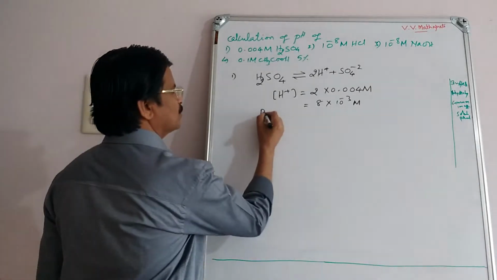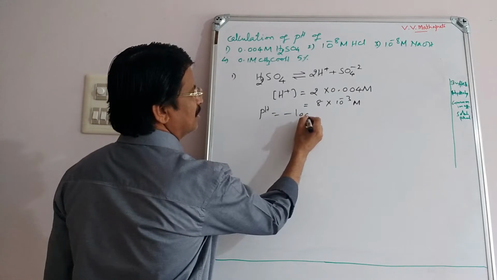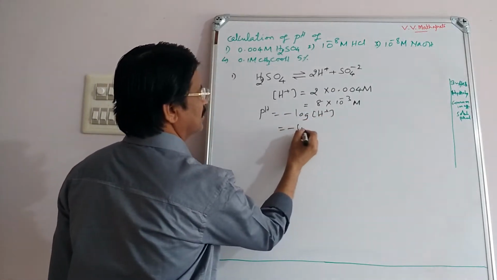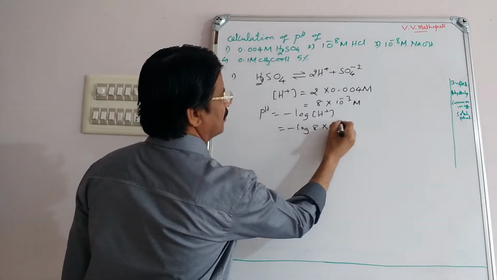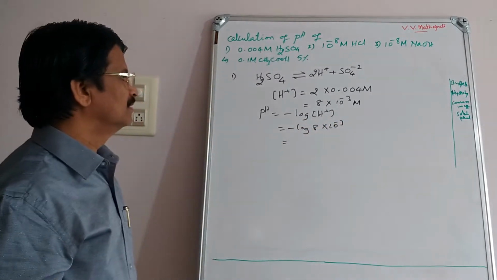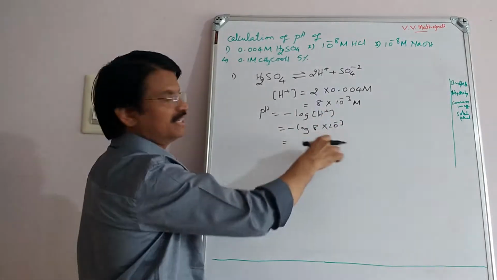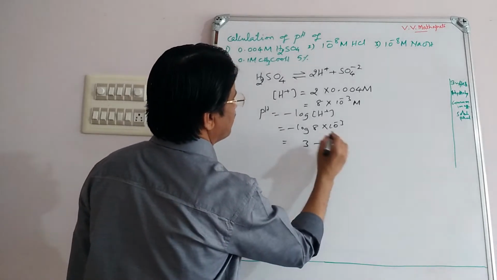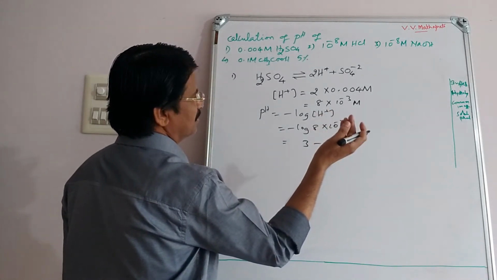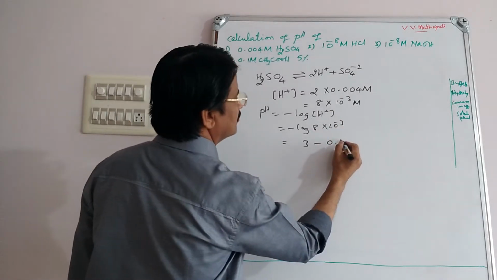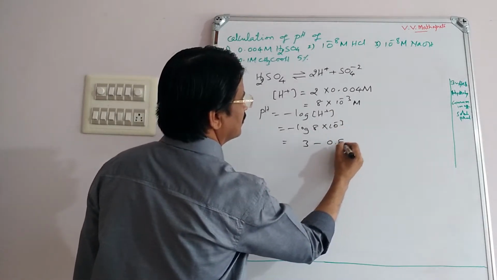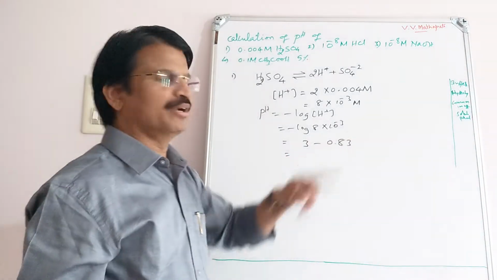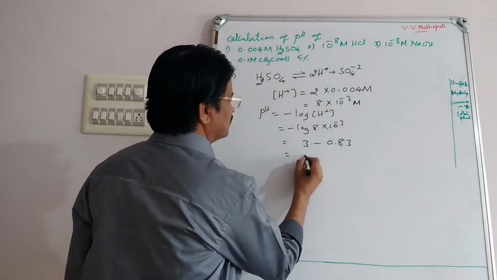Then find the pH value by using the formula pH equals minus log H plus, which is minus log 8 into 10 to the power minus 3. On simplification we get 3 minus log 8, let it be 0.8, roughly 2.8.